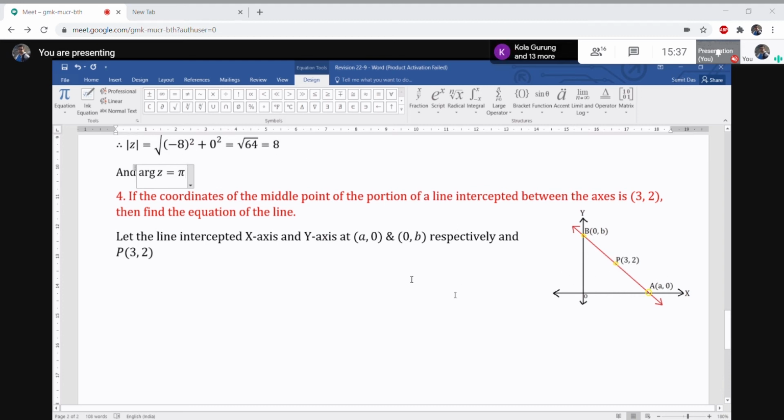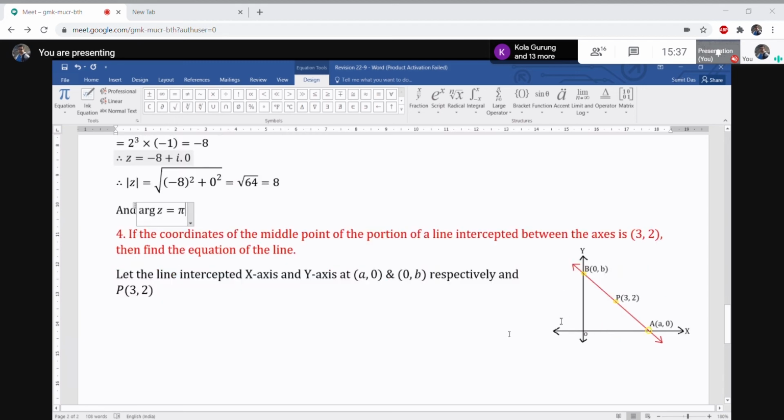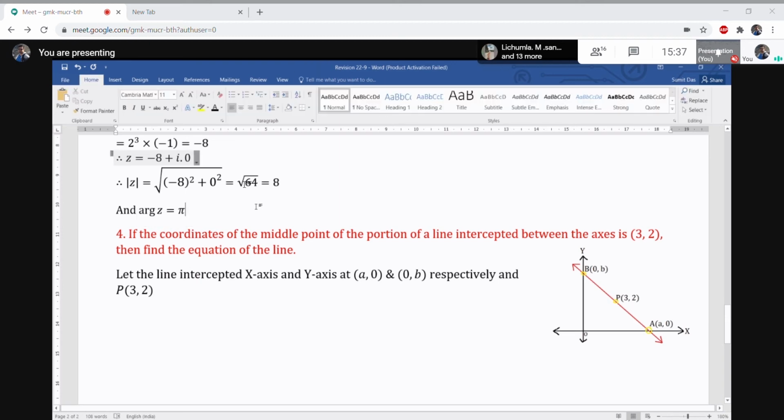So if the point is lying on the negative x-axis, this angle is 180 degrees, that is pi. You can write here that z lies on the negative x-axis.